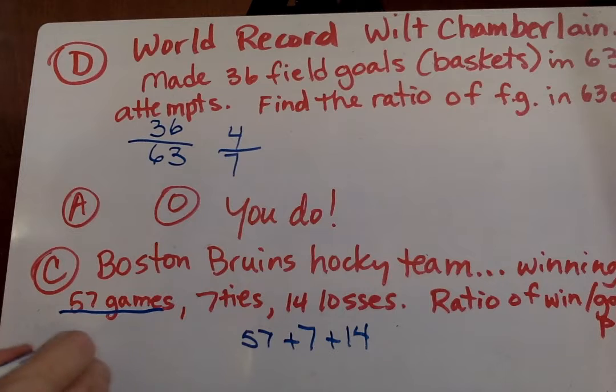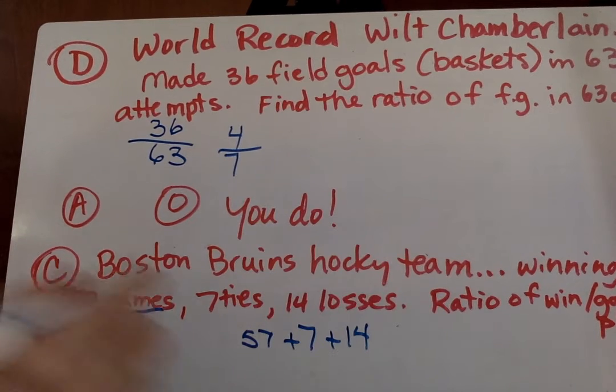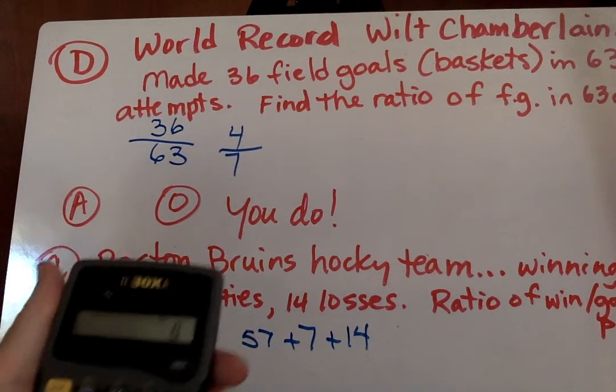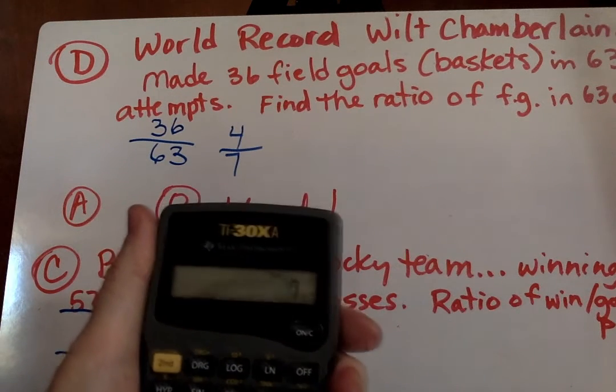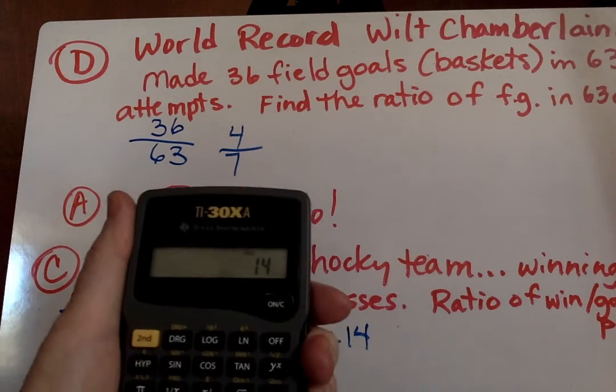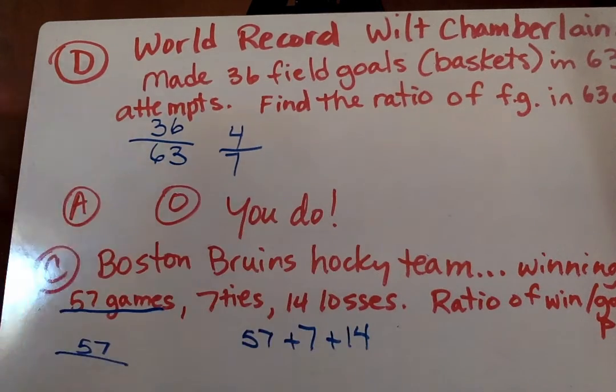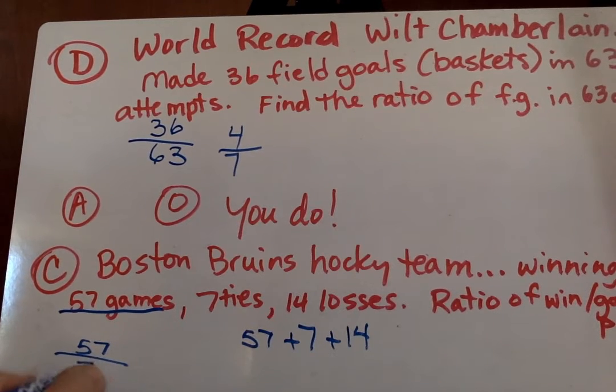So we're going to have 57 over, and we have to add all those 3 together. So we have 57 plus 7 plus 14. 78. So they played 78 games and they won 57.